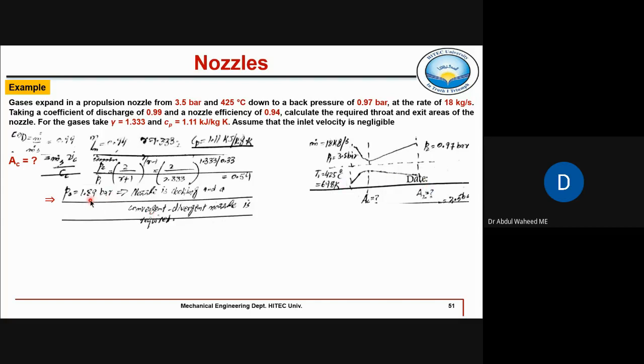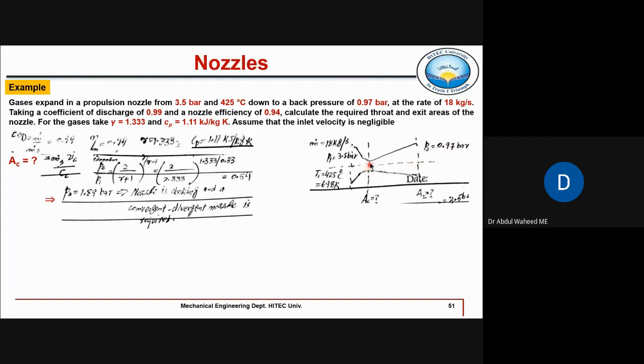In this question it was not given whether it is a convergent nozzle or a convergent divergent nozzle, but you can now tell based on this value, when PC is 1.89 bars. The throat pressure is 1.89 bars and the exit pressure is lower, it is 0.97. So it is a convergent divergent nozzle, right?